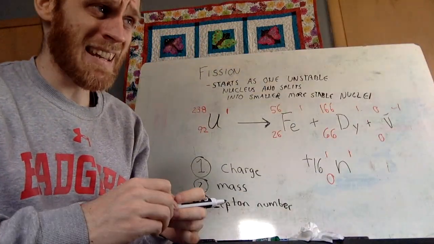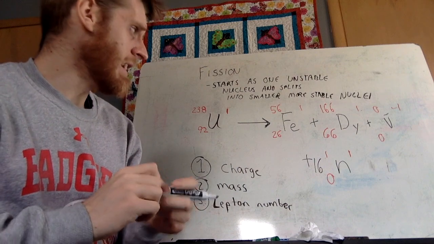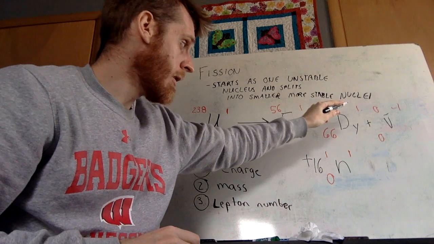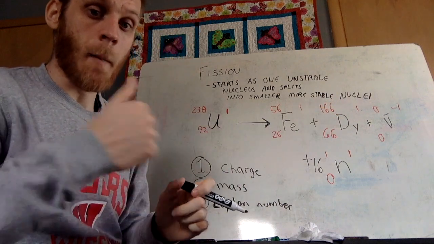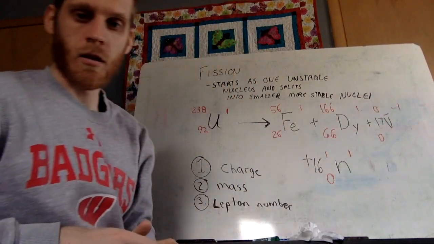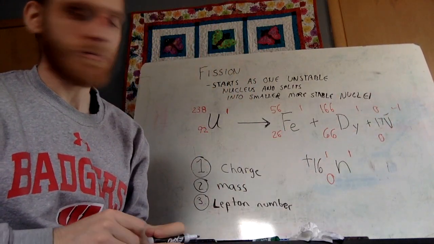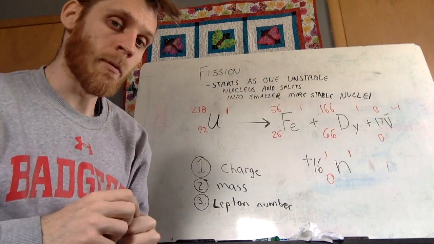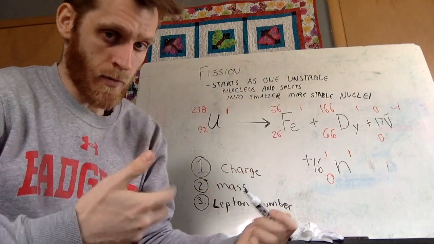So I would add in 17 neutrinos, because then it would be 1 plus 1 plus 16, which is 18, minus 17, if I put 17 here, gets me back down to 1. Now once again, I could put that there and I would have been done with that reaction, but that's probably not going to be what ends up happening.